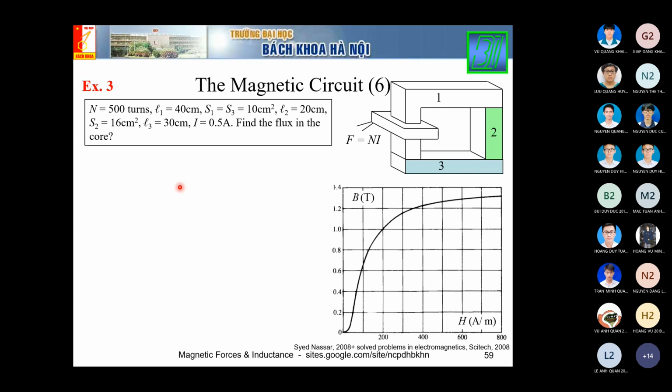The idea here is that because we cannot solve the reverse problem directly, we will solve the forward problem many times to estimate the solution for the reverse problem. Okay, I will try to explain this. In the estimation method, we suppose that the magnetic flux is 1 milliweber, like this.